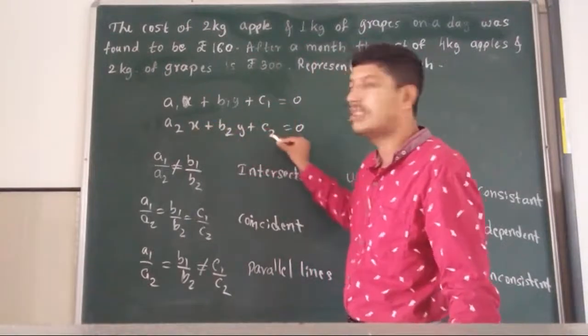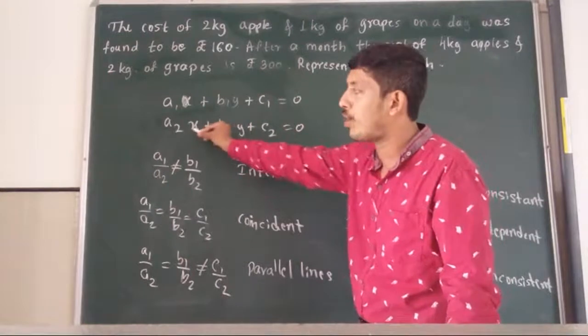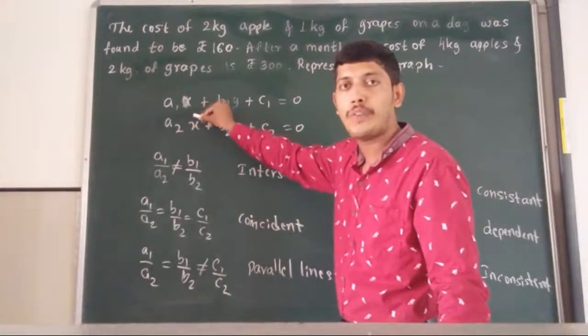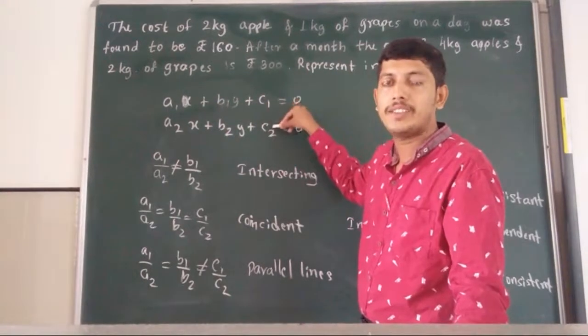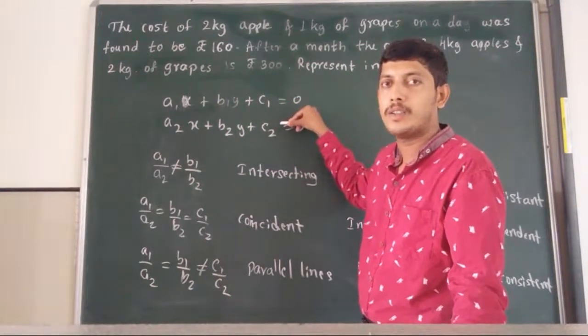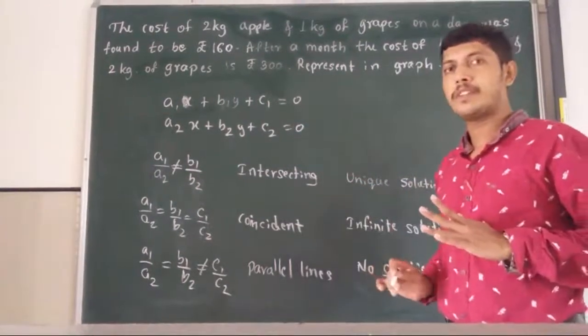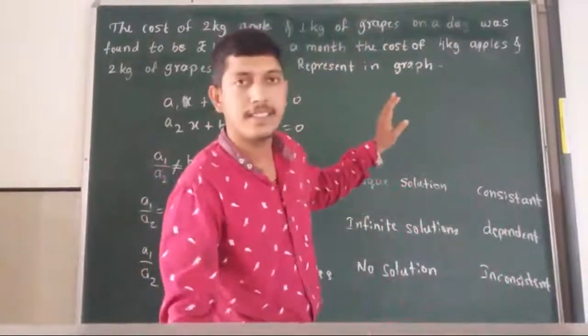Similarly a2, b2, c2 are called constant terms or the coefficients of the variables. Here a1 and a2 are coefficients of x, b1 and b2 are coefficients of y, and c1 and c2 are constant terms.